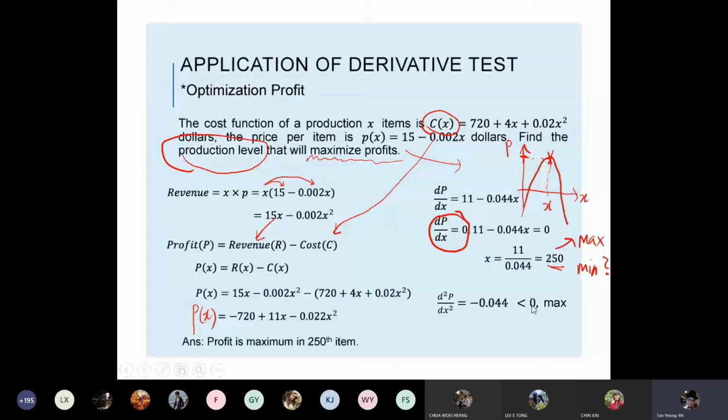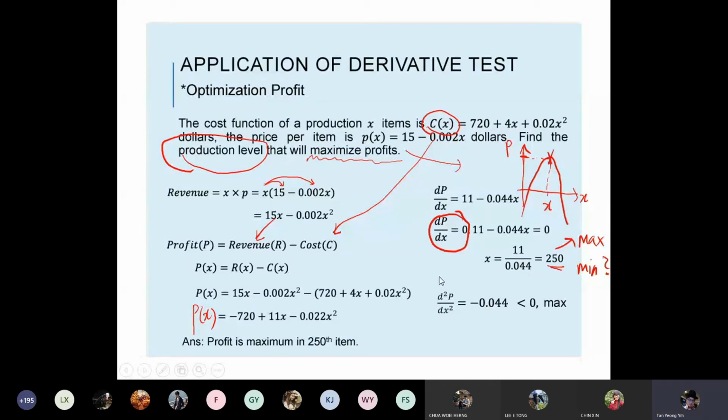It shows that the profit is maximum at this production level. All right, so we know that if you want to get the maximum profit, when your production reaches 250 units, you stop the production.